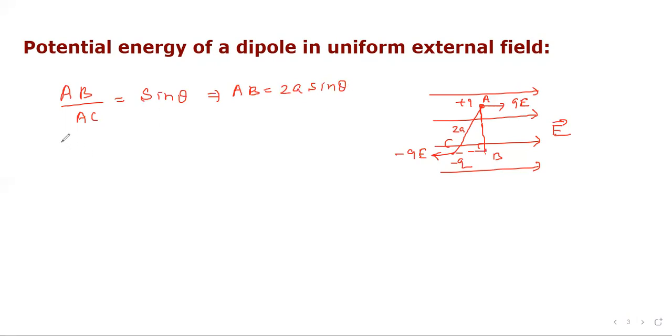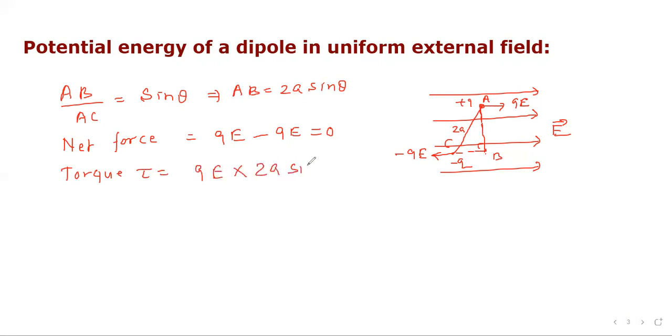Now net force will be QE in this direction minus QE in this direction, so that will be 0, and the torque, which is force into perpendicular distance, force is QE, and perpendicular distance is 2A sine theta, which is equal to PE sine theta.